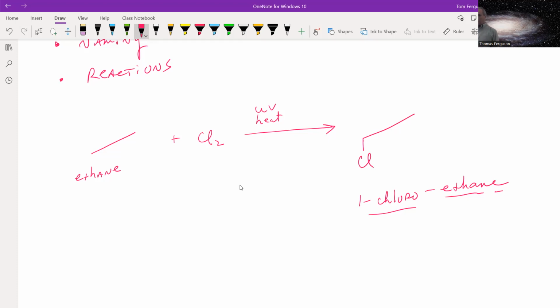That would be 1-chloroethane. Can I get 2-chloroethane out of this? This is a trick question. Well, what does 2-chloroethane look like?